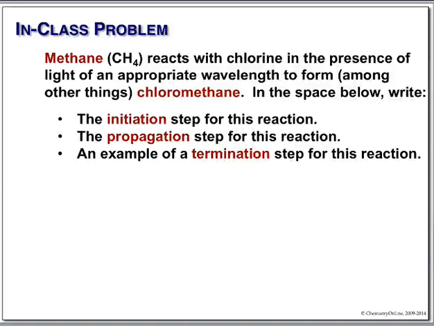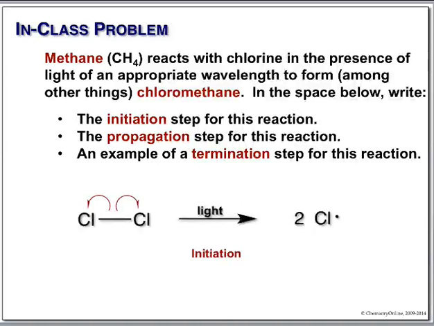Initiation is very simple. We have chlorine and we have light. What's going to happen is light is going to split the chlorine-chlorine bond. We're going to make 2 radicals like this. This is our initiation step.